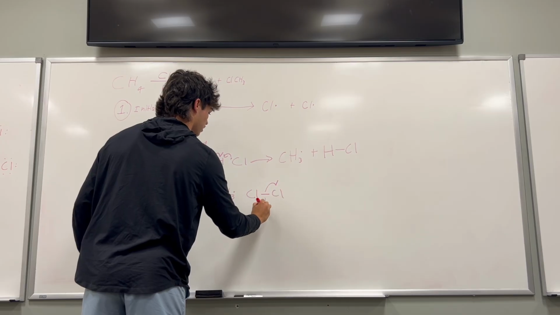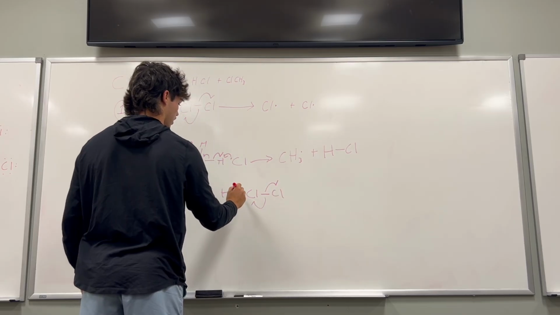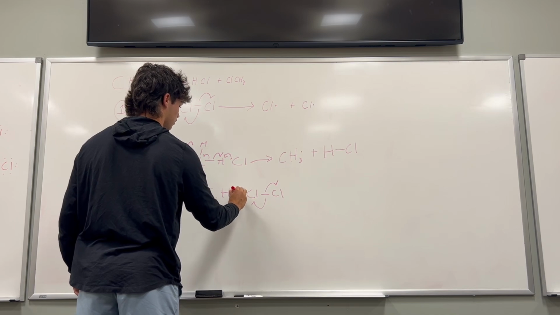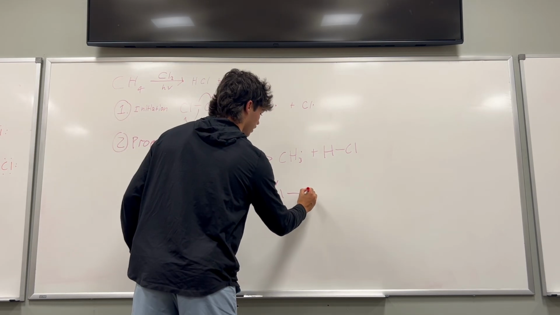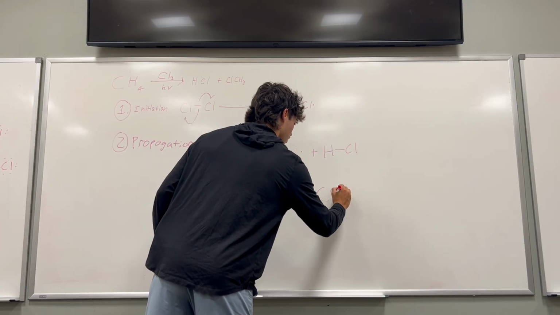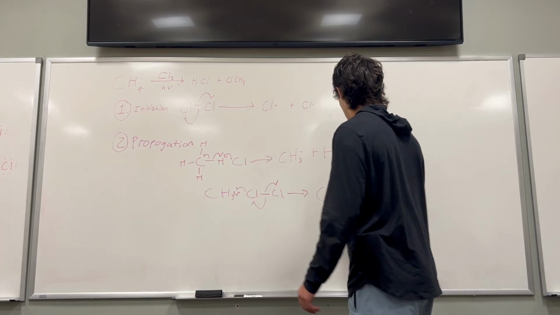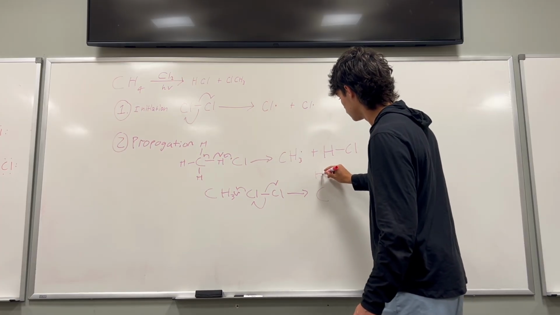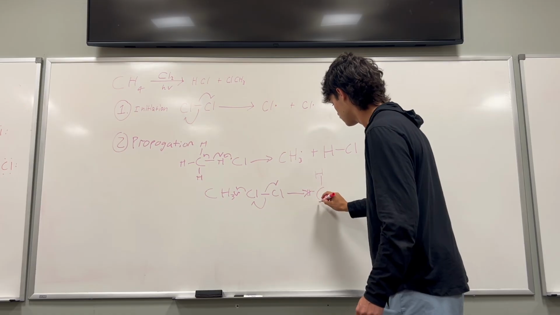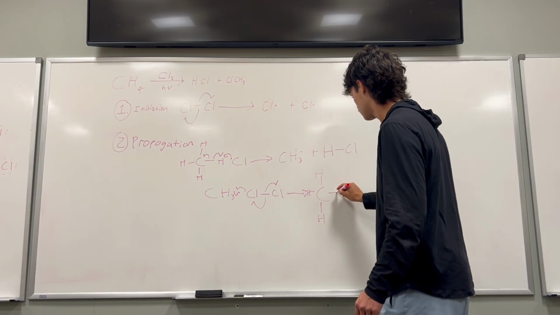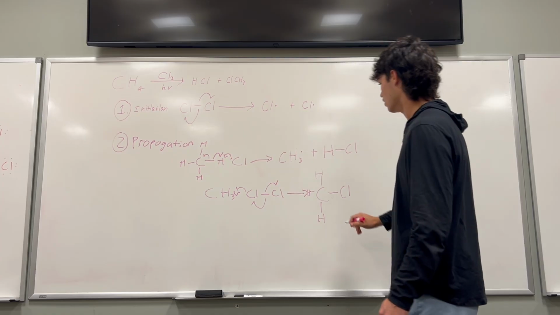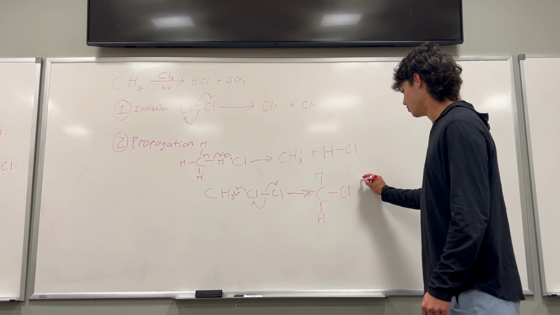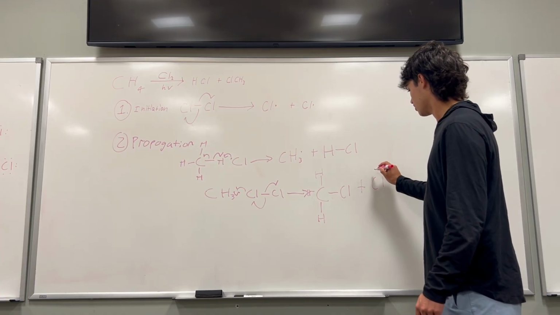The bond is going to break, and it's also going to attack this radical. It's going to create a product of CH3Cl. There will also be the Cl radical formed.